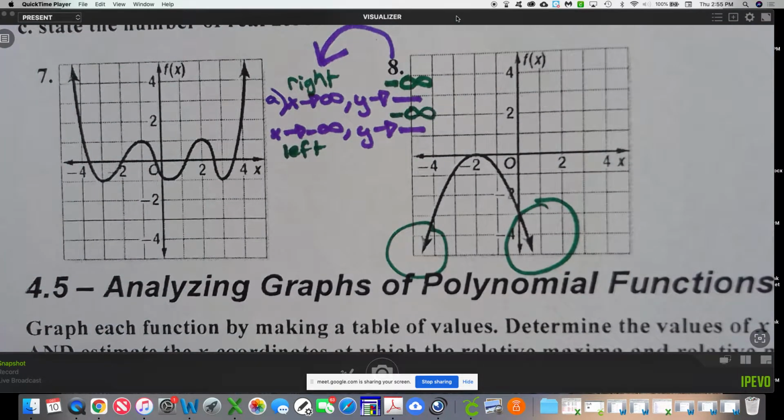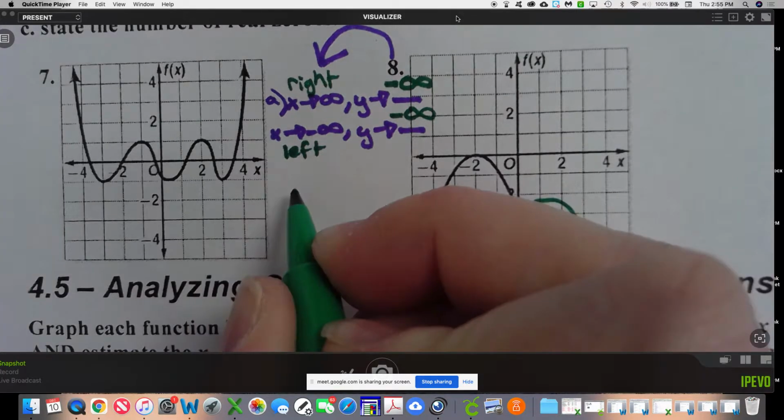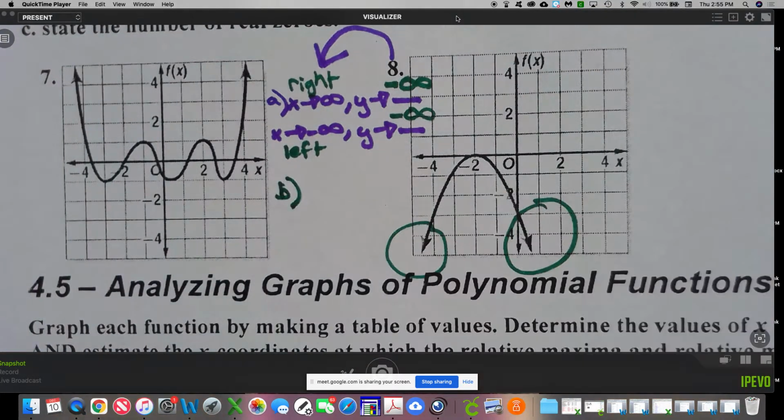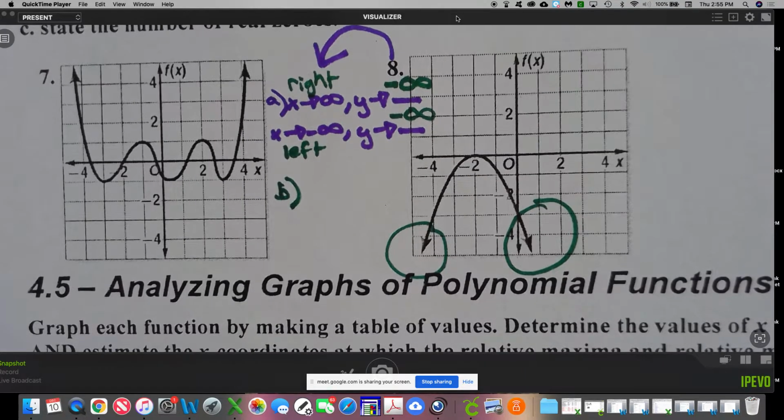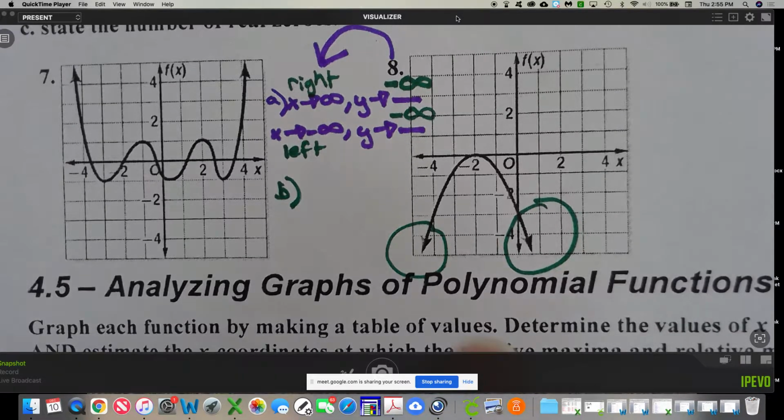I'm sorry. B is asking whether it's an odd or an even function. So is this an odd function or an even function? Odd. Odd functions go opposite directions. Take a look at this guy: he's going down and down. Odds go opposite directions.